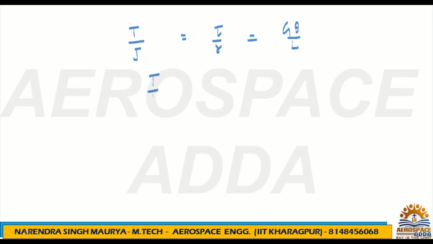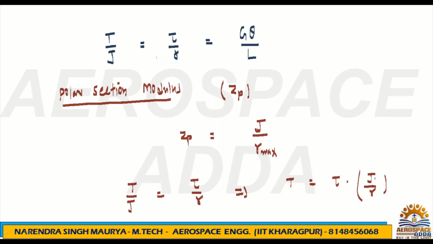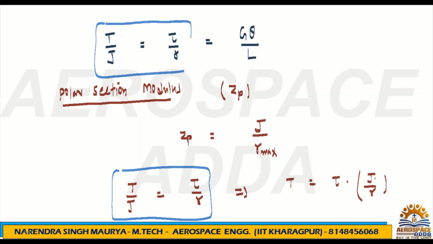First we had taken T by J is equal to tau by R. We had analyzed this one, the first part. And the second part also we can make a combination, T by J is equal to G theta by L, or tau by R is equal to G theta by L. We can make combination, no?